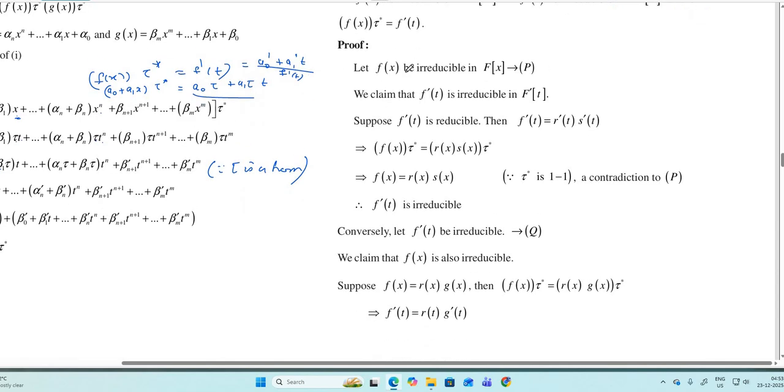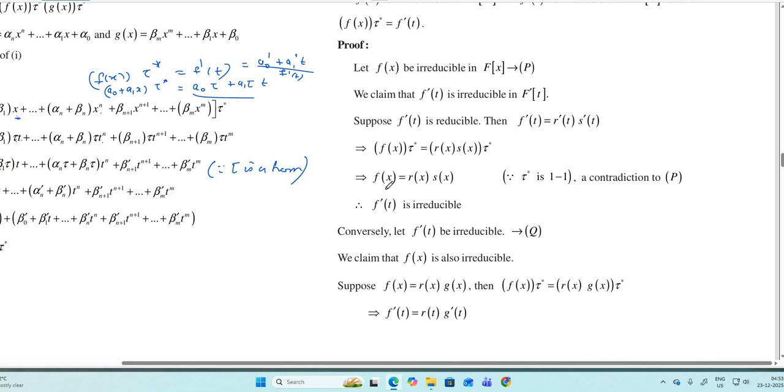Right. Now let us take f of x to be irreducible in F[x]. We shall name that statement P. What we claim is that f prime of t is irreducible in F'[t]. Suppose f prime of t is reducible, which means you can write f prime of t as a product of two polynomials like this. But this is nothing but the image of f of x under tau star, and we just proved tau star is a homomorphism, so we can write like this.